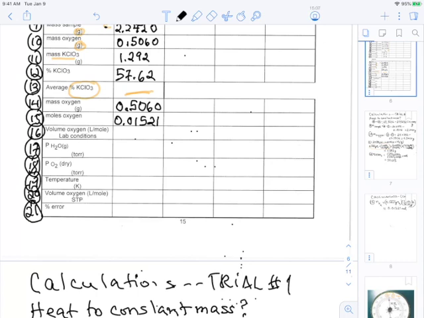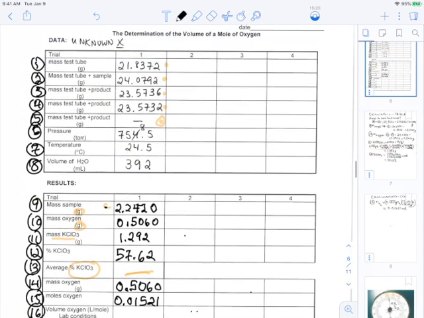Now comes the calculation of the volume of oxygen. Remember, we're trying to find out the volume of 1 mole of gas under our conditions. So I'm going to come back here. We are saying that the volume of water displaced equals the volume of oxygen that we collected.